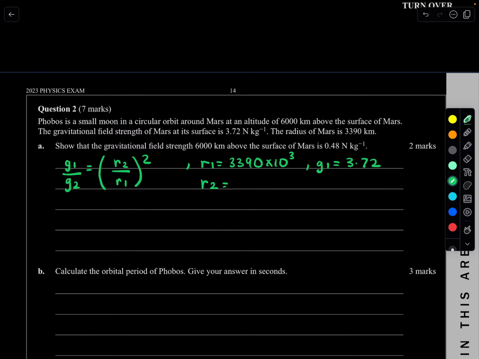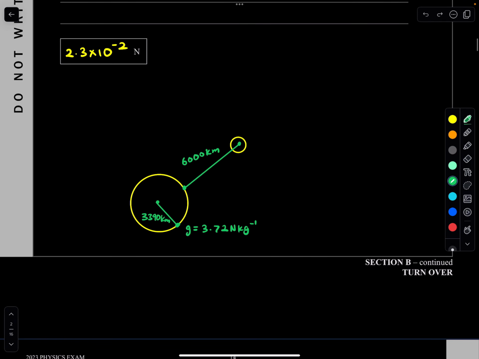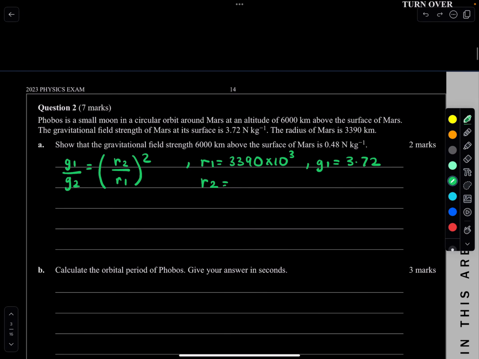R2 is the new point, and it's adding this and that, because remember, it has to be from the center. So it's going to be 6,000 kilometers plus 3,390 times 10 to the power of 3. And we're going to try to calculate g2.